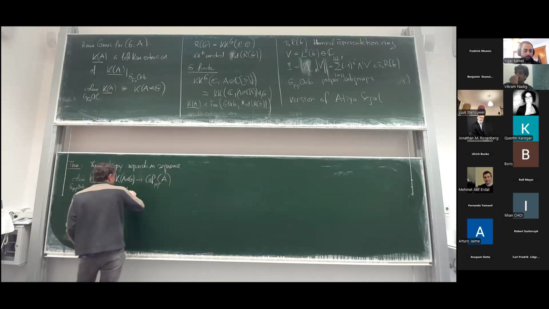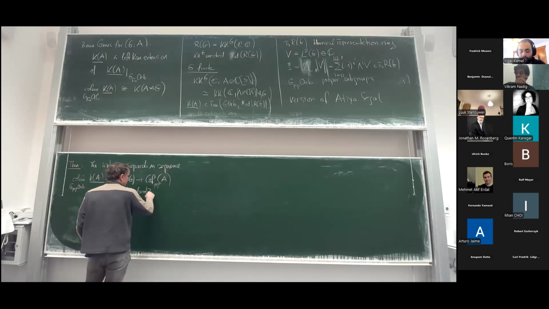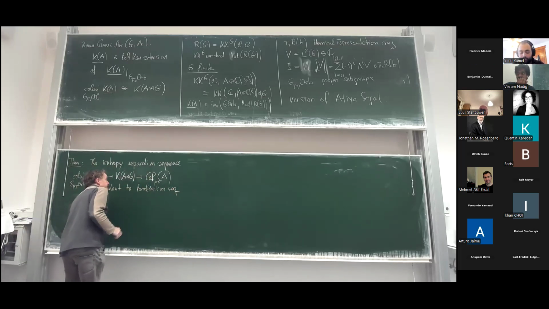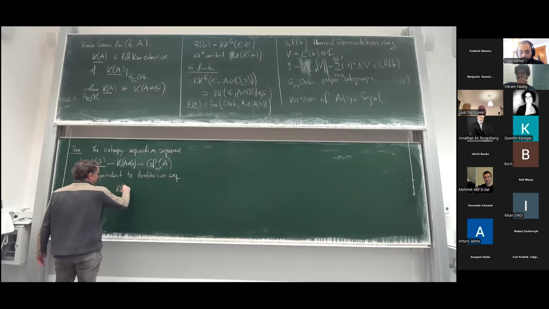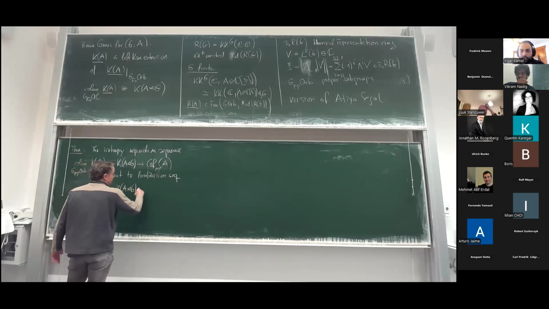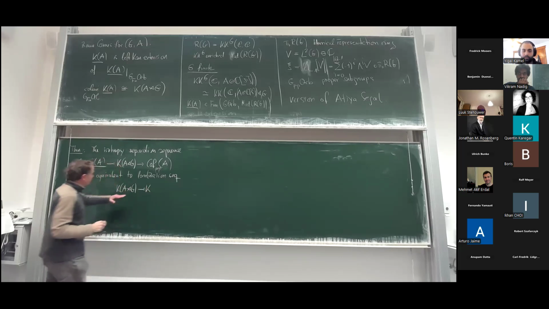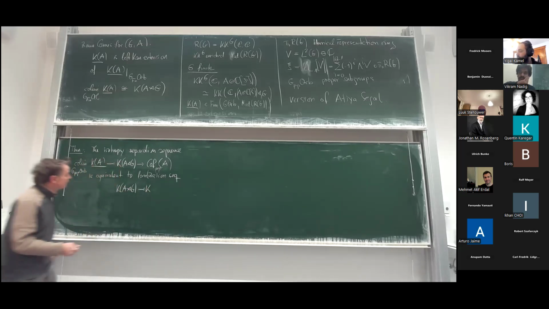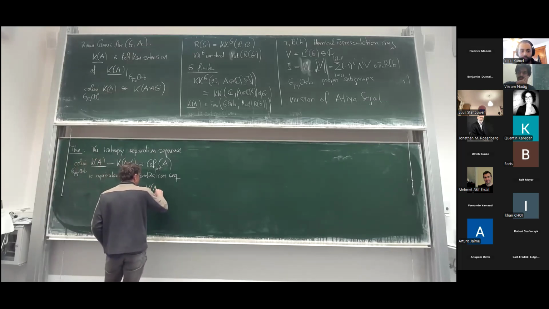to the localization sequence. It's at psi, which says, okay. Again, in the middle we have the same thing. And then here, it's important that all these spectra are modules over R of G. And so then I can invert, for instance, elements in pi naught.